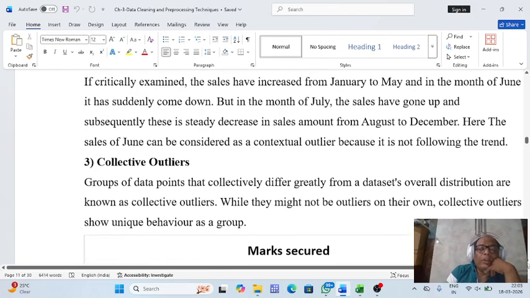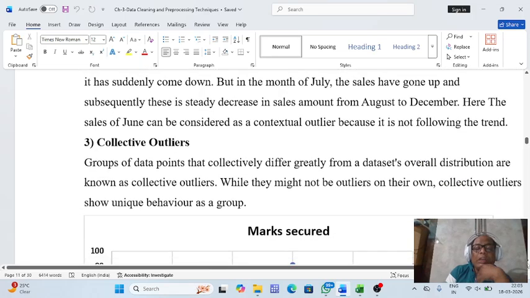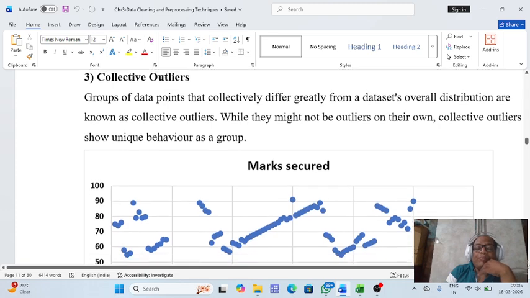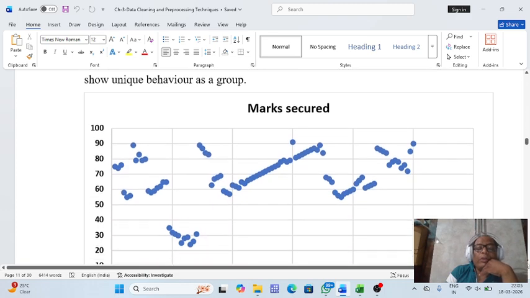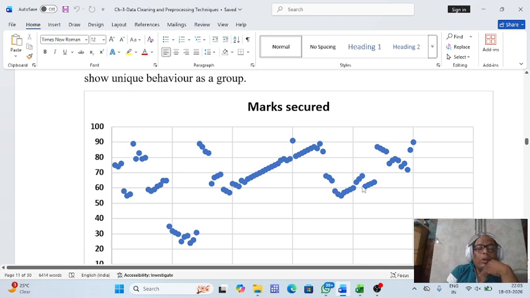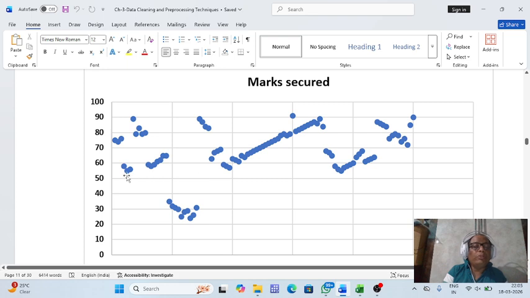Similarly, there is a collective outlier concept. These are the marks which have been secured by some students, and you'll see that most of the students have secured between 50 to 90, whereas some students have scored between 20 to 30 marks, and this is a few students.